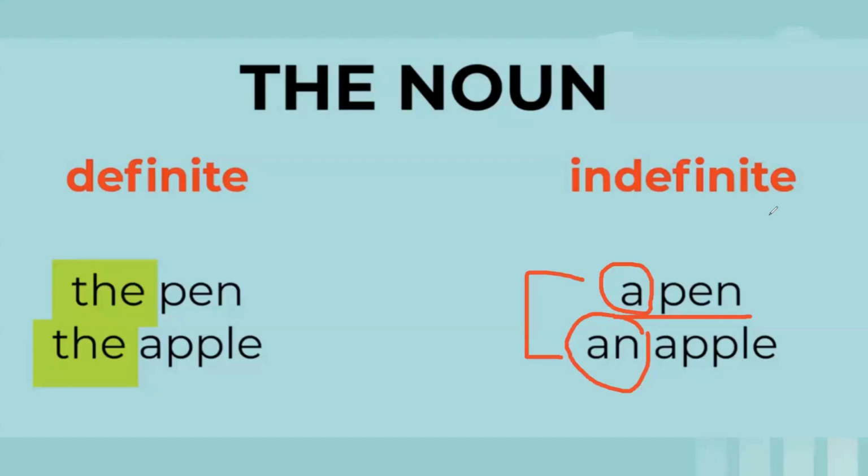So in Arabic, whenever we have a or an, we always exclude al. We will not use al with those words. Whereas for the definite words, whenever there is the in English, we will include al with those words.